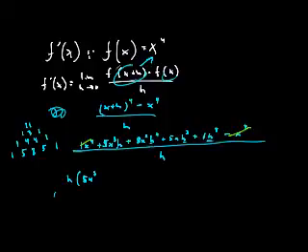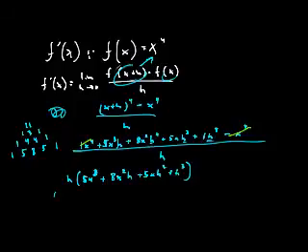So this would be 5x cubed, but the h is gone, plus 8x squared h plus 5xh squared plus h to the third. I think I did that correctly. Over h. Now those two will cancel out.